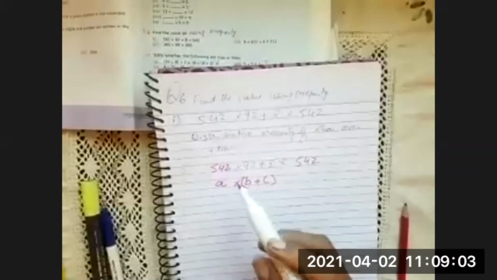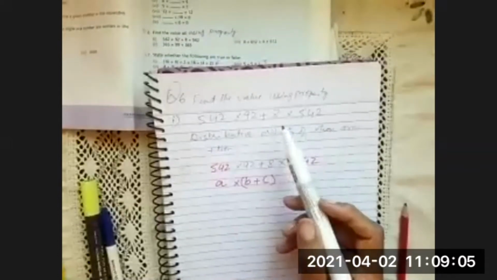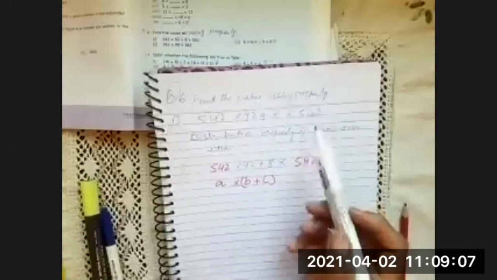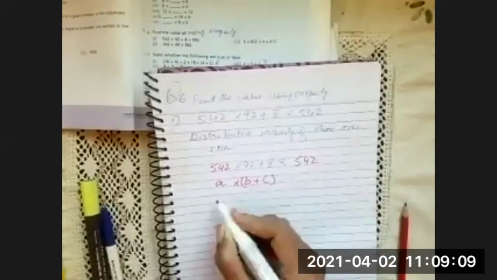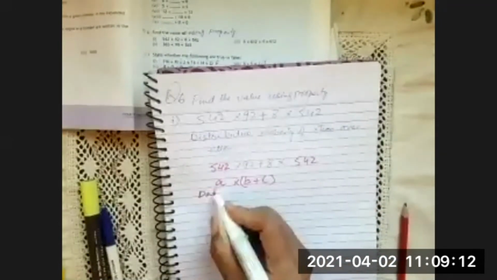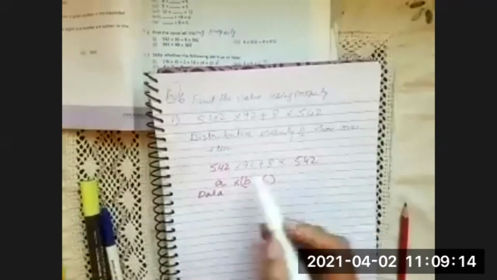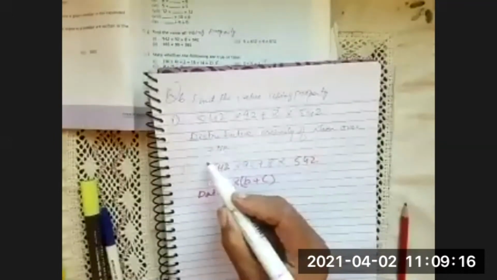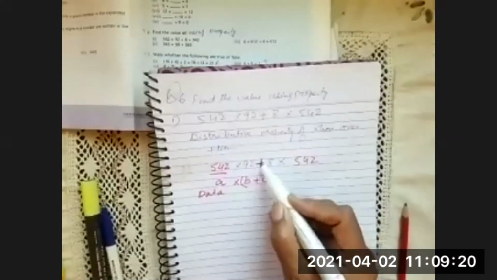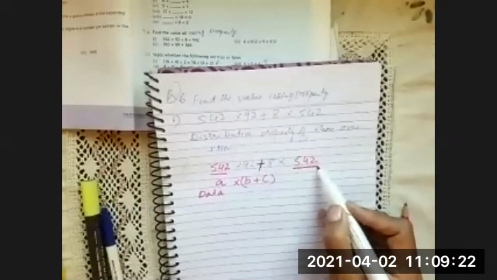And the first part is 42 into 92 plus 8 multiplied by 542. Now, what is your A in the data? We will make the data first. Look, in the question, 542 is towards the left of addition and towards the right of addition.